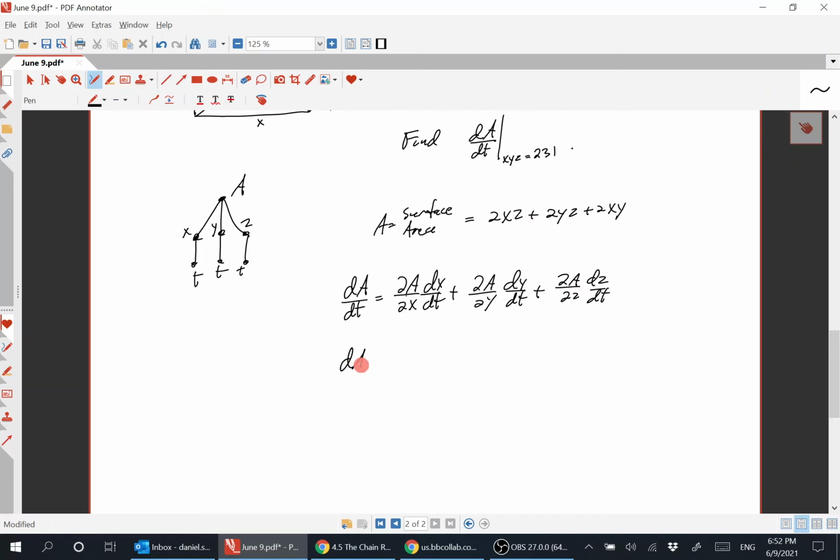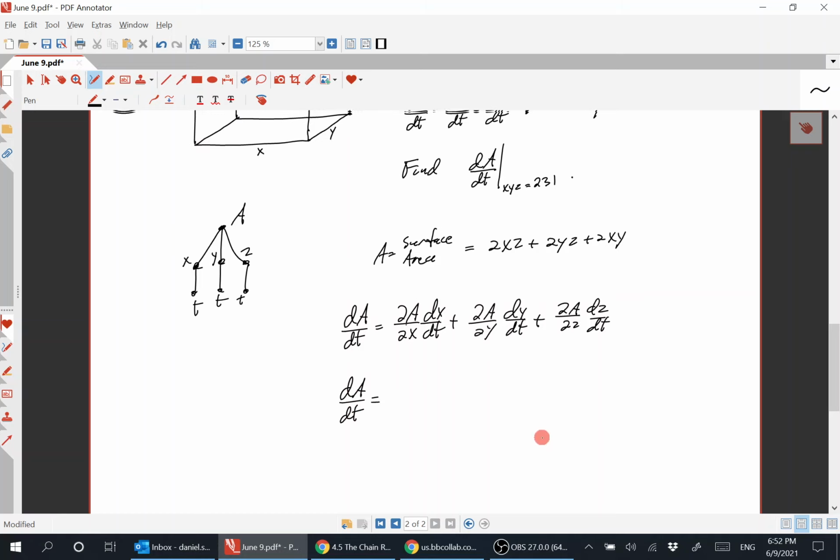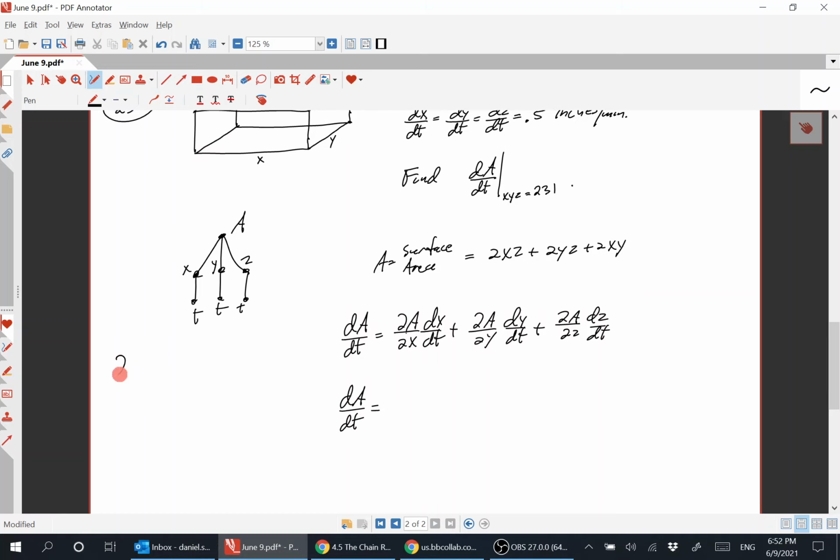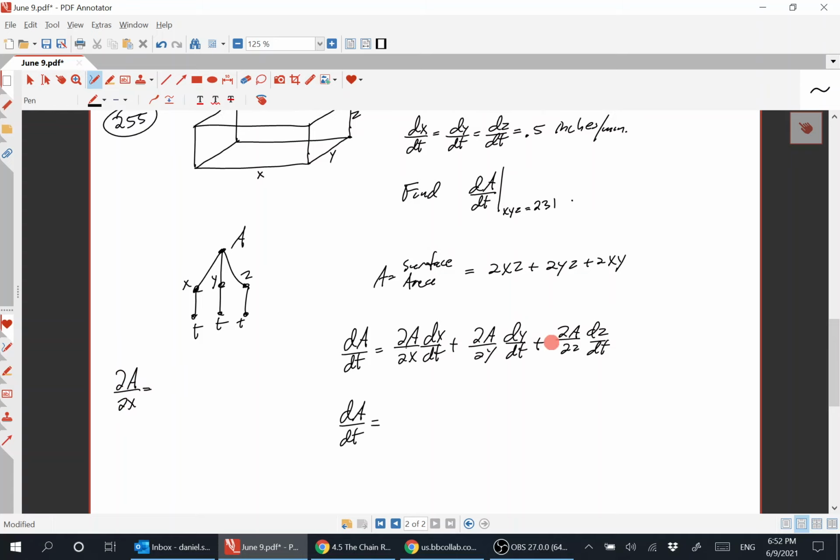All right, so let's find those partial derivatives here. This is a completely symmetric function in x, y, and z. So the partial derivative of A with respect to x is 2z plus 2y.